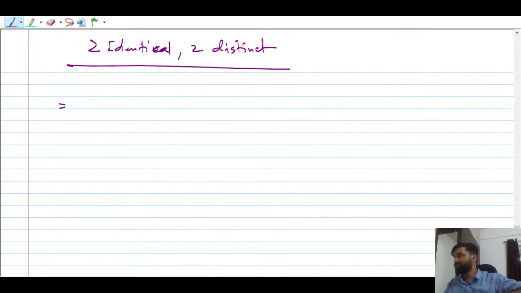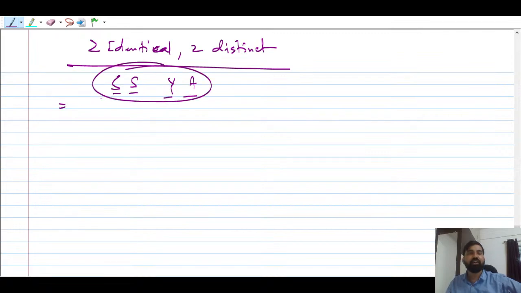Let me check what the answer is. Two identical means you can take whatever 4-letter word. You have to choose the first two identical ones. So I think this is clear.